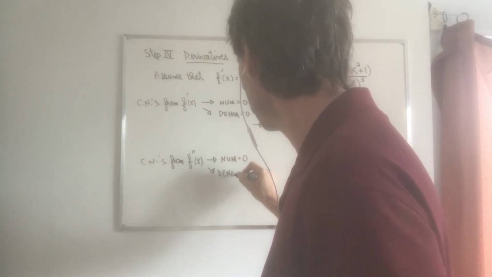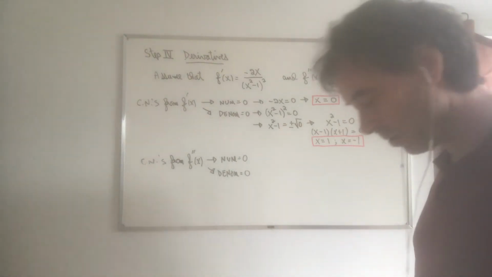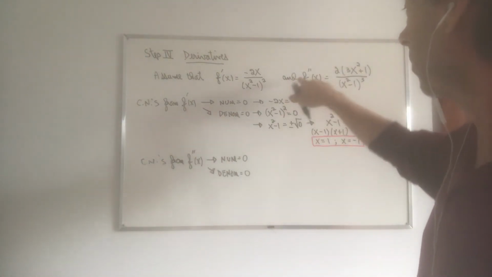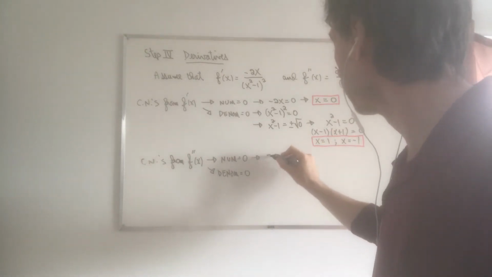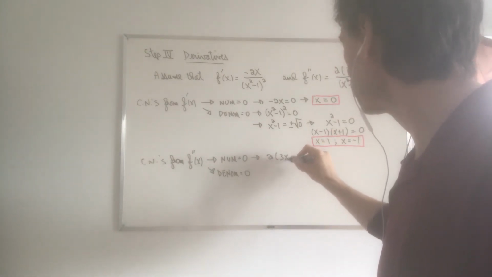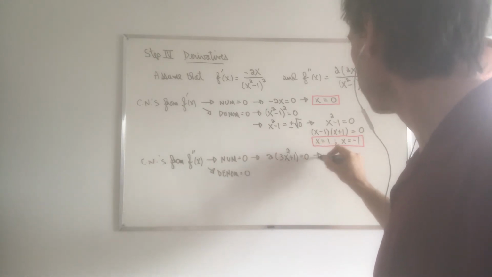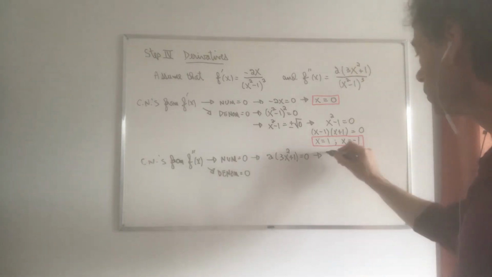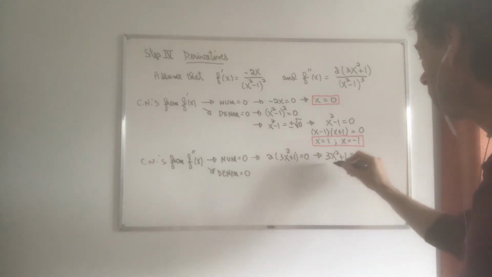Numerator 0, denominator 0. And I now look at my numerator of f double prime, which is here. So 3x squared plus 1 equals 0. Divide both sides by 2. That's 3x squared plus 1 equals 0.